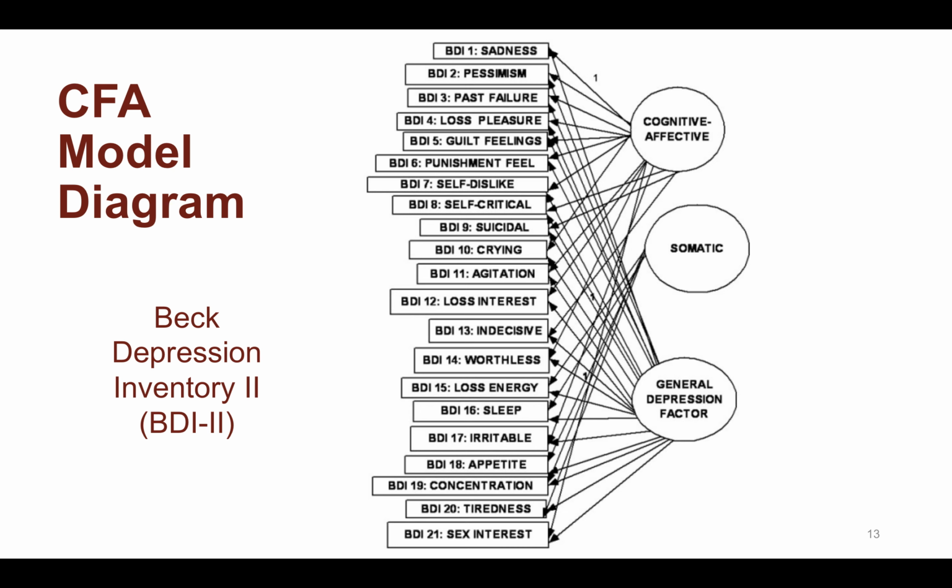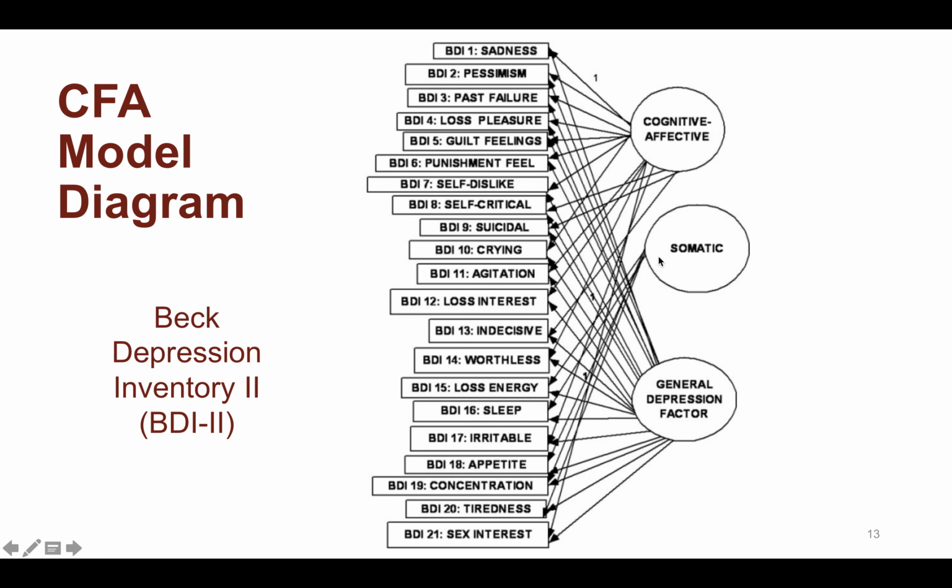So here's a model diagram. It looks a little complicated, but basically this is a model diagram for the Beck Depression Inventory 2. What you can tell from this diagram is that there are 21 questions on the questionnaire, looking at different symptoms of depression. So the first one is about sadness, the second one's about pessimism, and so on. Those first several are types of cognitive affective depression.